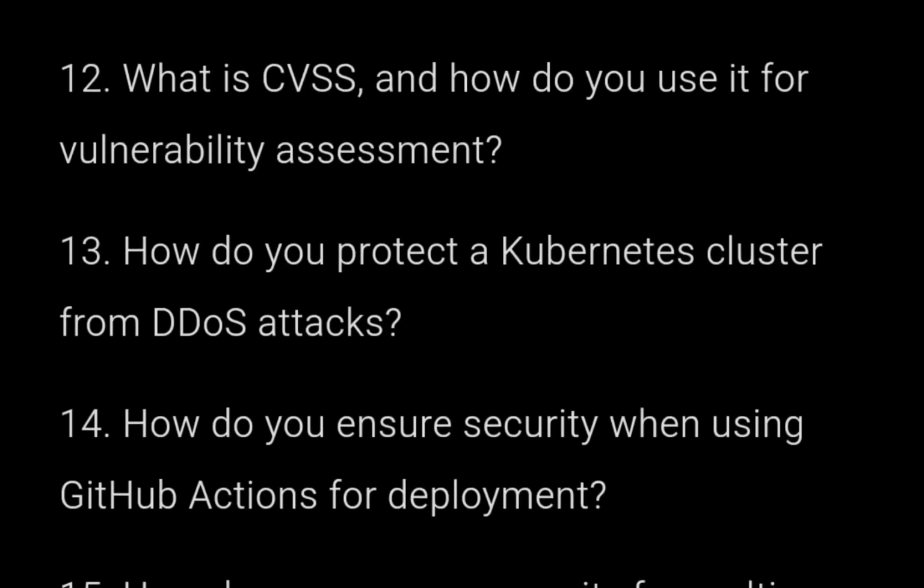And how do you protect a Kubernetes cluster from a DDoS attack? Generally, DDoS attacks are carried out by malicious attackers. Let's say a particular site is up and running with no issues, and an attacker wants to make sure the site goes down and goes offline, when it is online now.